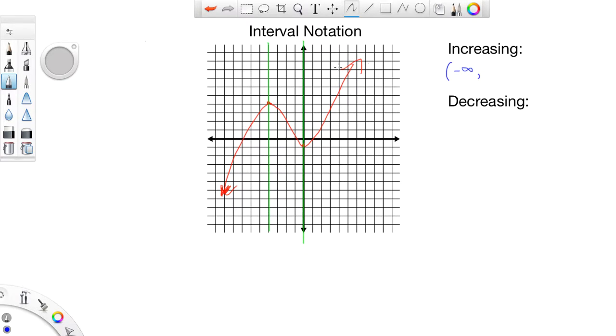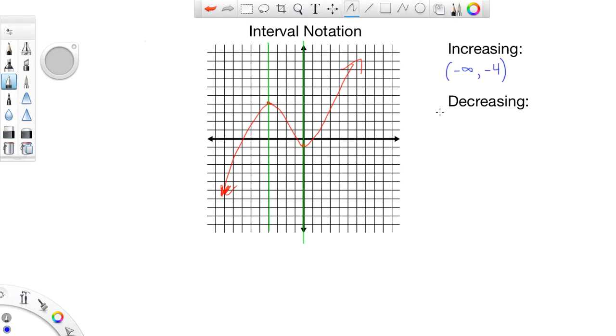Now don't look over here to the right where it goes on and increases forever. Look at where it stops increasing the first time. So it's increasing, increasing, and then right here is where it stops increasing and then goes to decreasing. So this is going to be at x is negative 4. So negative infinity to negative 4, and I'm going to put parentheses.